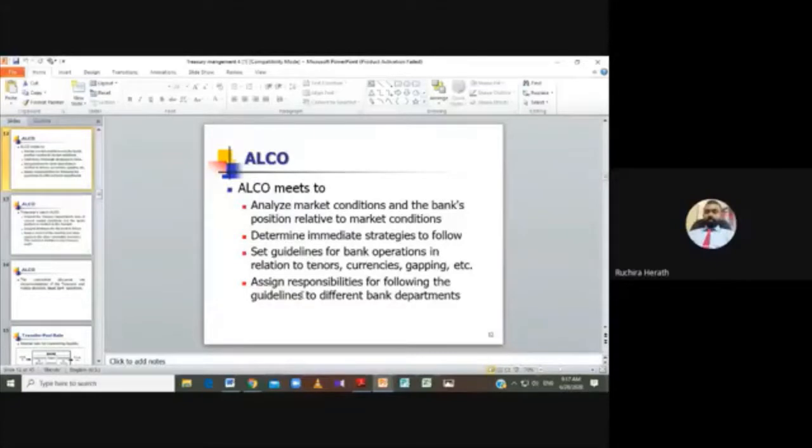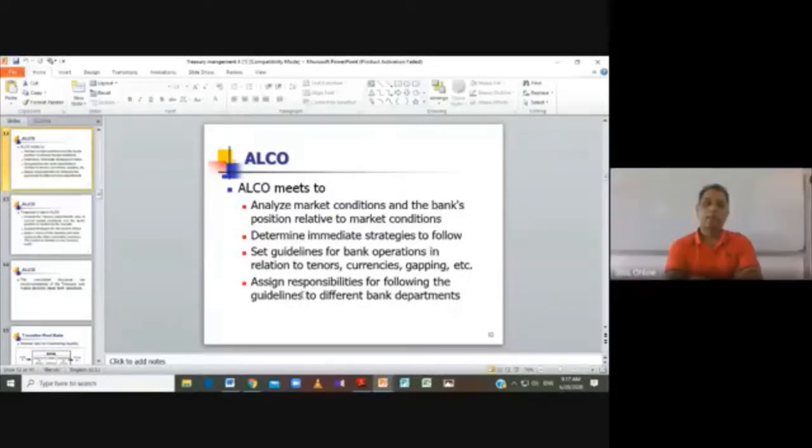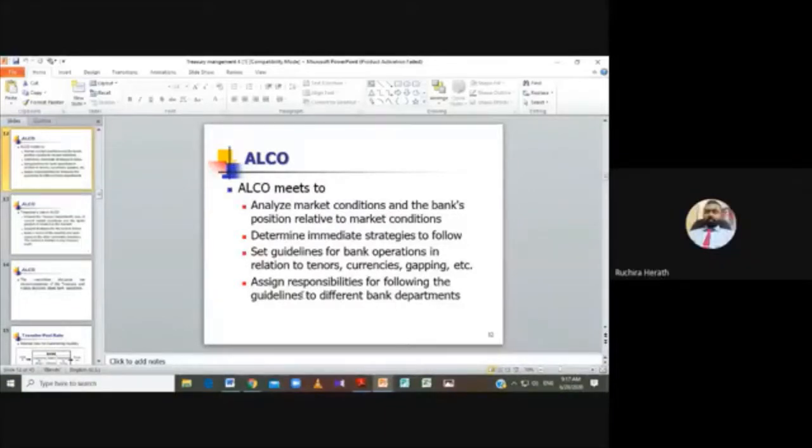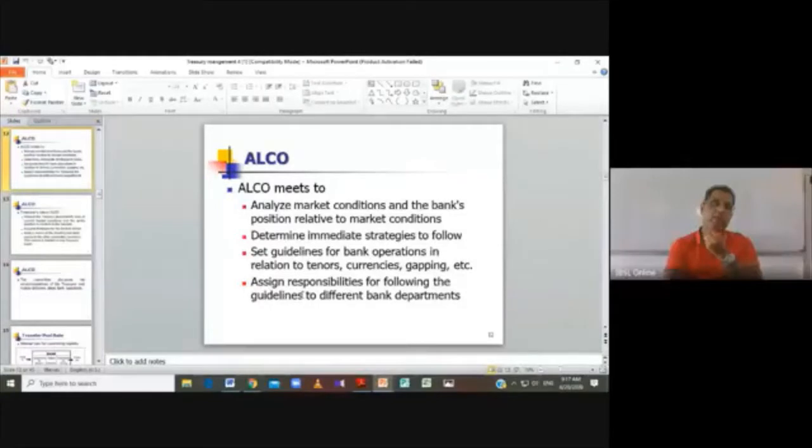Basically, ALCO takes decisions on how the bank is going to implement things in the near future on assets and liabilities. You're right, but how does it do that? Maybe they might implement new products, they might approve certain rates. That is right, all right, but how does it get to the position of recommending?